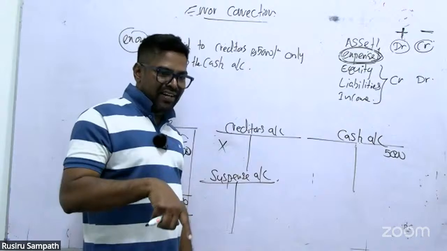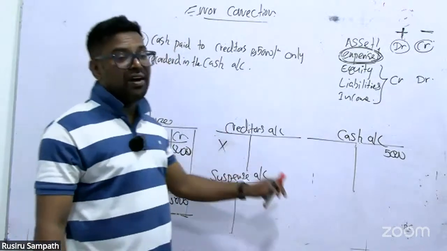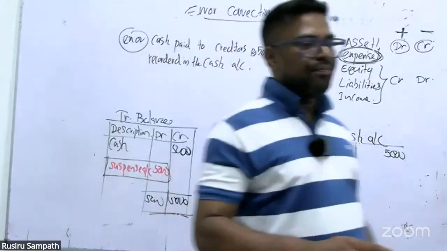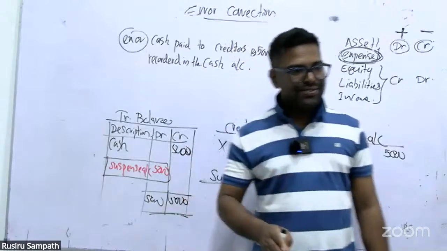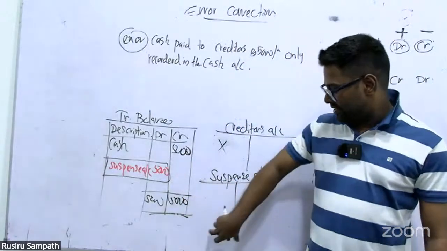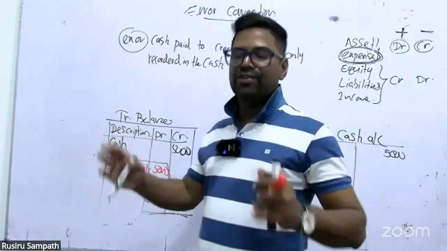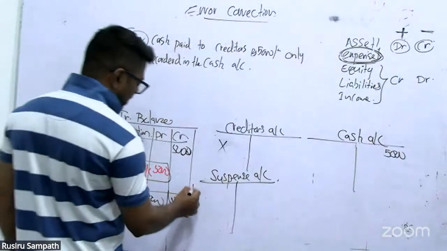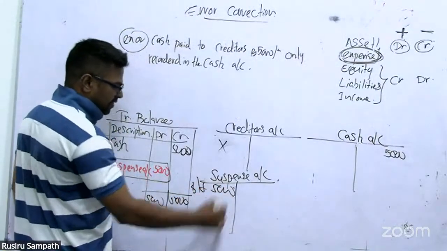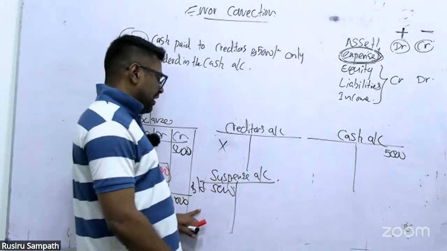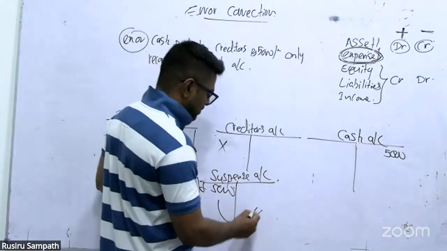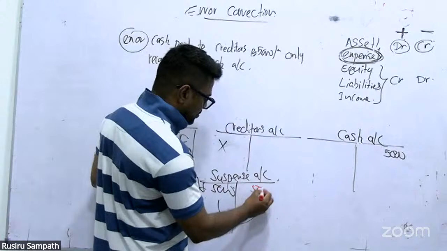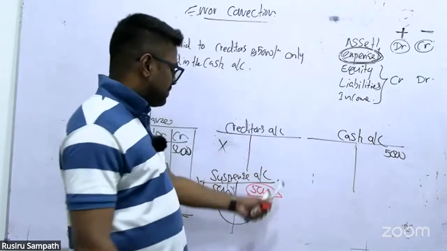We rectify the errors, and after that the suspense account is closed. Now the suspense account shows a balance forward of 5,000 on the debit side. It is a temporary account. When the errors are corrected, the suspense account is closed.